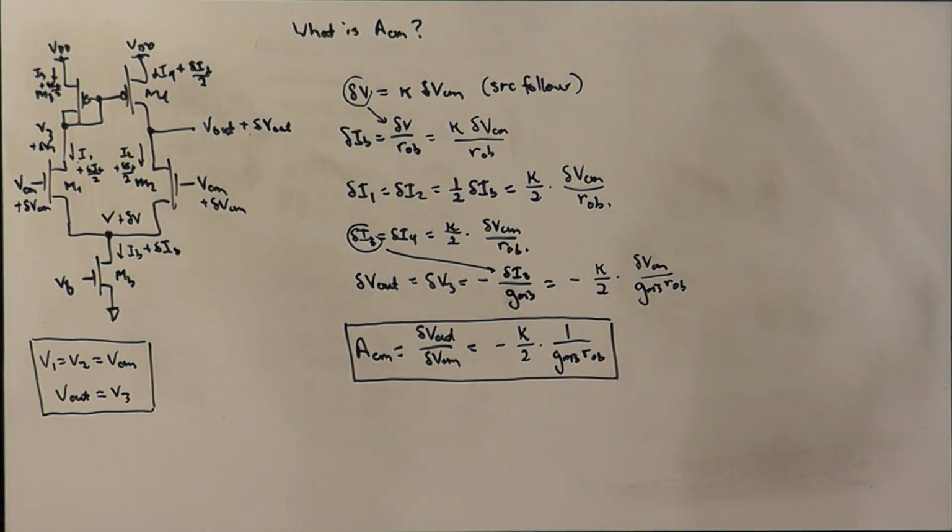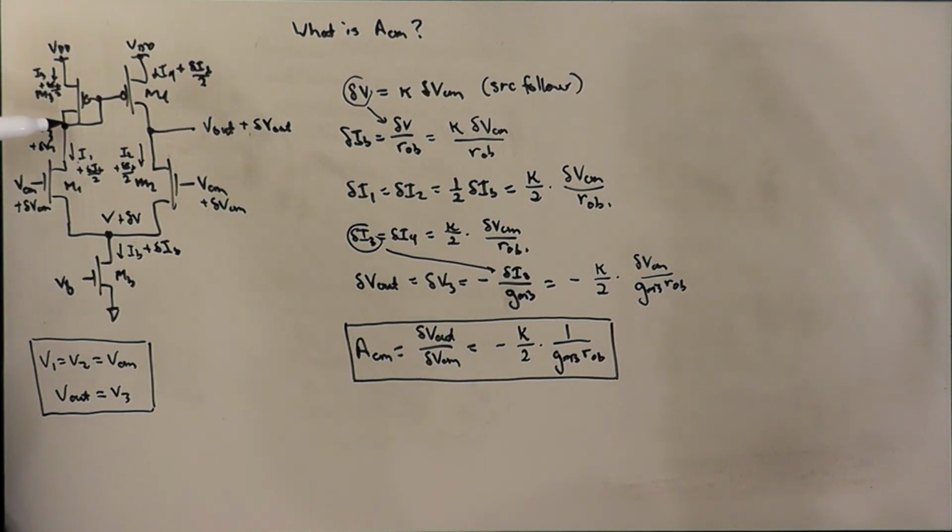Okay, now it's the GM of this PMOS transistor times the incremental output resistance of this NMOS bias transistor. And because the current levels are all tied together through KCL, basically, the bias current here determines what the current level is flowing in all the transistors.